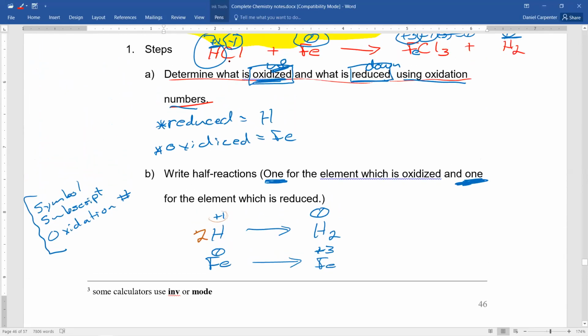You mean what if this had been H4 right there? Yeah, how would you balance it? Well, then this would have been 4. So I would have needed a 2 there to make 2 times 2 is 4 on the right. Does that make sense? Yeah. And this would have been gone.